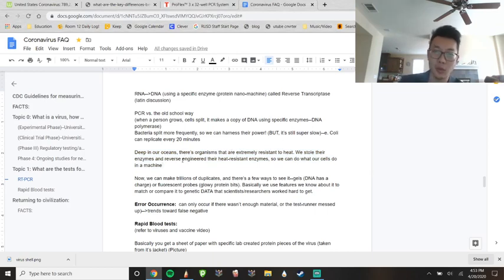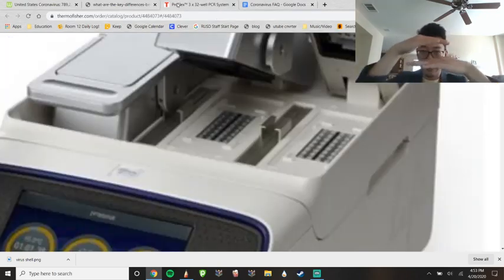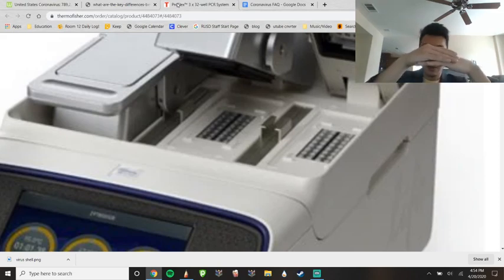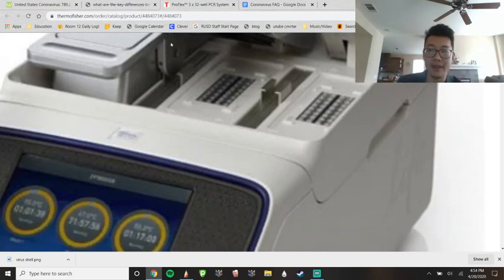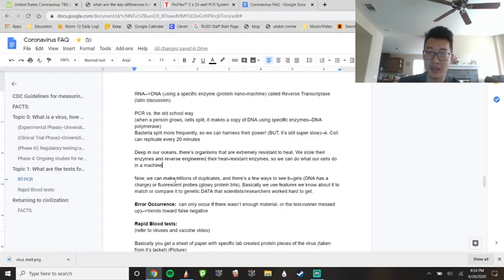We need these heat-resistant enzymes because these machines heat it up to break the DNA strands in half, have these enzymes attach, and then cool it down. They make copies, heat it up, detach, make copies. So it's just cycling from hot to cold, thousands of times. It just keeps doubling over and over again without the enzyme breaking down, because if it's too hot, normal enzymes break down.